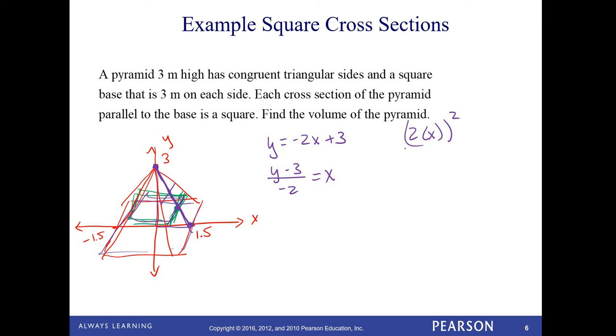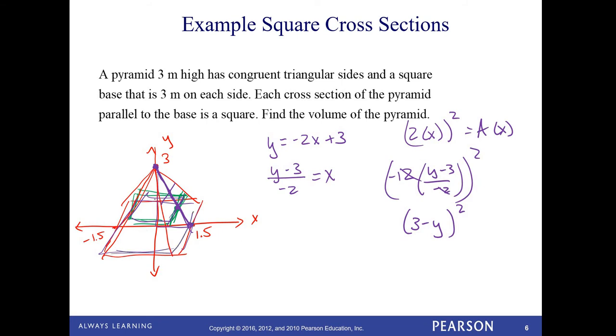If I bring that over here to find the area of my square, 2 times (y minus 3) over negative 2, I cross these out, I'm left with a negative 1. So now I have (3 minus y) squared. That's the area of one square. I'm going to integrate this as I stack my squares from the bottom to the top. I'm going to integrate this from 0 to 3, and I'm going to use dy slices. So my width is a little piece of my y-axis.